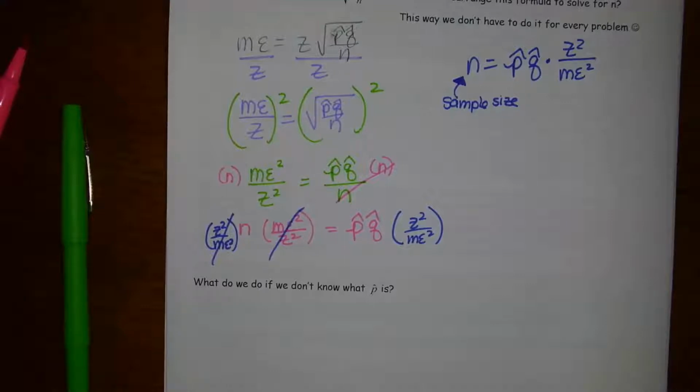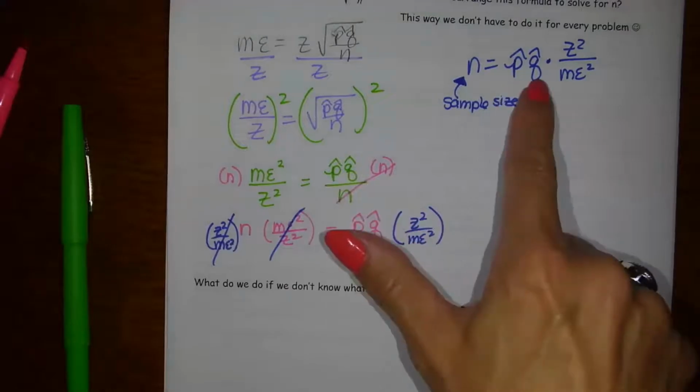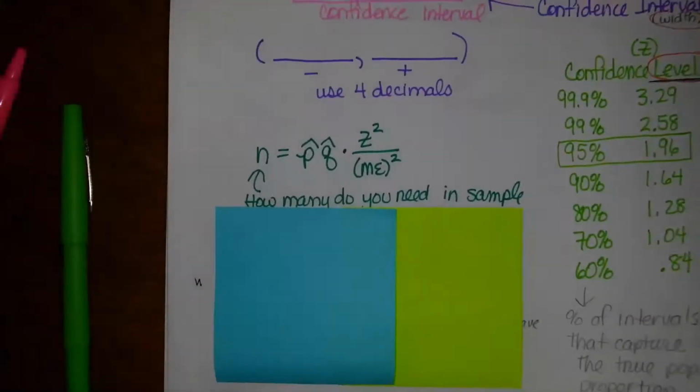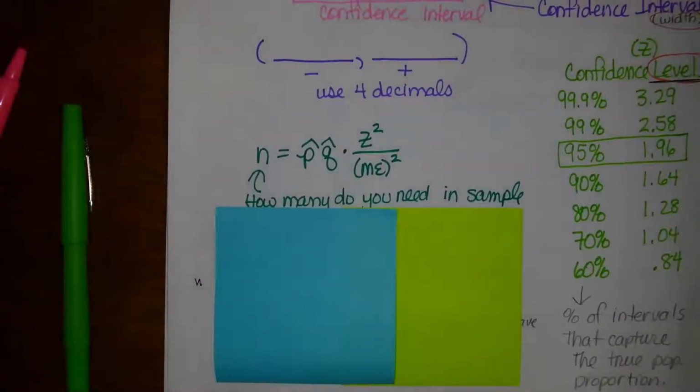It's p hat q hat. We want, this is sample size, not population. So right now, add that to your formula.